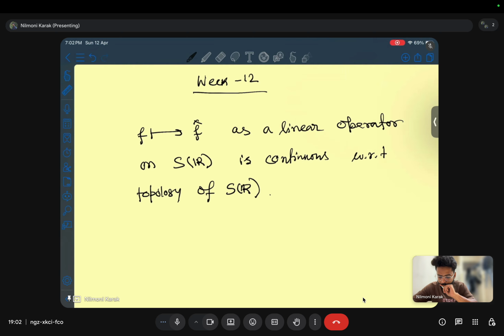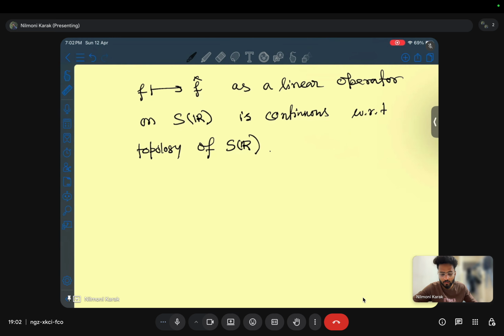The idea of tempered distribution comes from this, by extending the definition to all L^p(R). So let us recall the definition of tempered distribution.